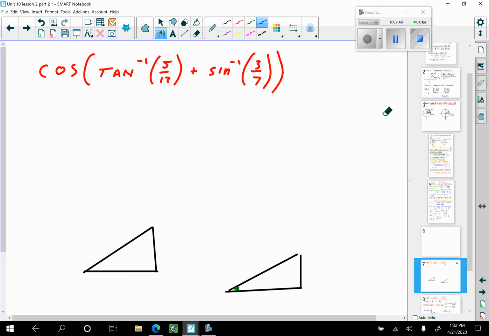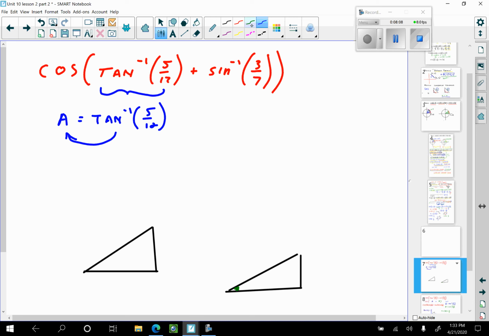We're going to use the same strategy that we used before, and we're going to let that be angle A, and it is going to be an angle because the inverse of any trigonometric function outputs an angle. So this A is an angle.